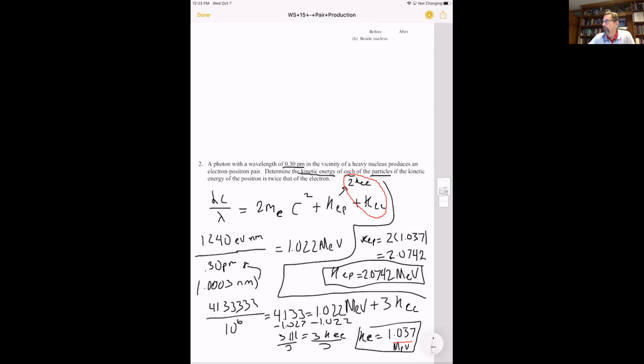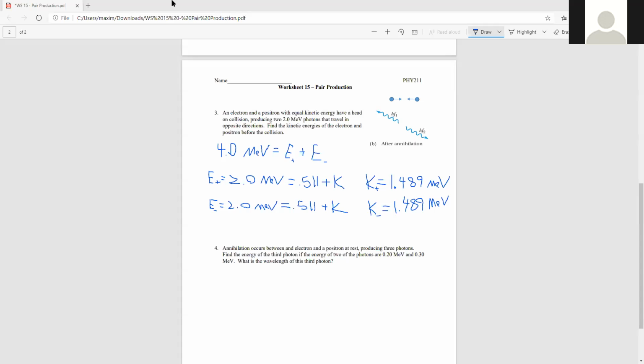All right, we're about a minute or so over here. Max, you're next. I guess this time it is you and Sam, for problem 3. Okay, they're doing an annihilation problem. So it produced 2 mega electron volt photons, so that's a total of 4 mega electron volts, which has to be the energy of the positron and the electron.